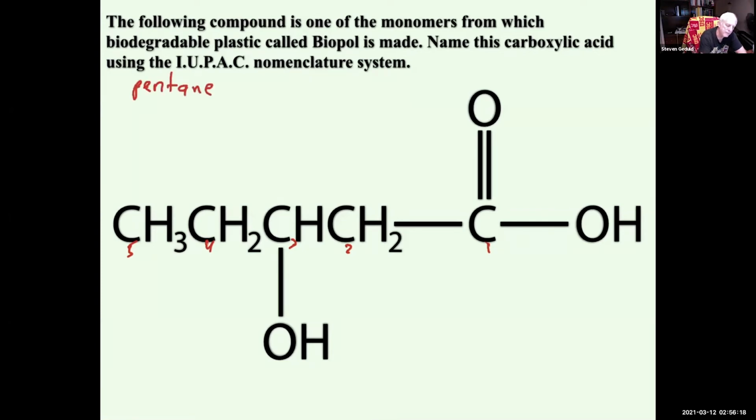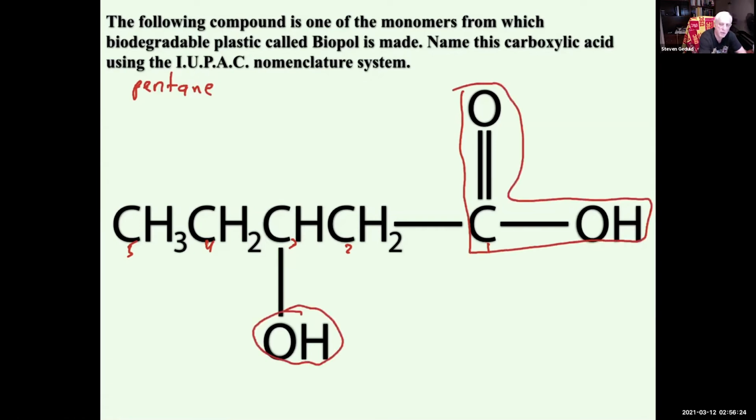Again, 2 functional groups. And like we said before, which one wins out? The carboxylic acid or the alcohol? Carboxylic acid, because it's more oxidized. Perfect. So pentane is the end. It's going to be carboxylic acid. Drop the E, add OIC acid.